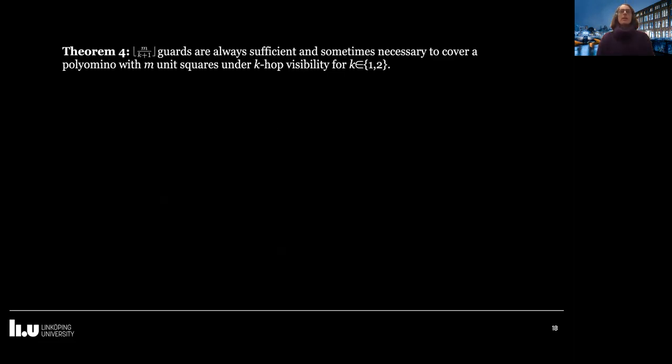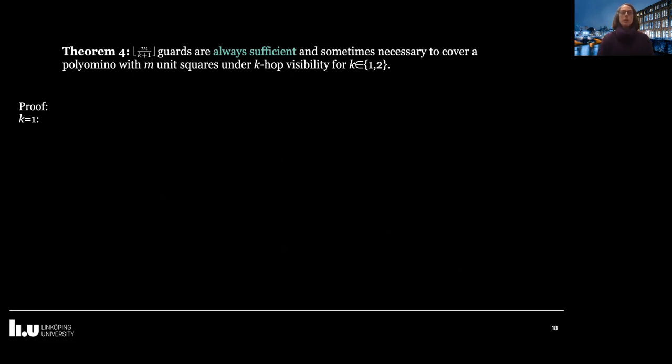And now we'll formulate an actual art gallery theorem. So we have a tight bound of ⌊m/(k+1)⌋ guards being always sufficient and sometimes necessary to cover polyominoes with m unit squares under k-hop visibility for k equals 1 or k equals 2. And we give constructive proofs, but we only need the always sufficient part because the sometimes necessary part we just covered.